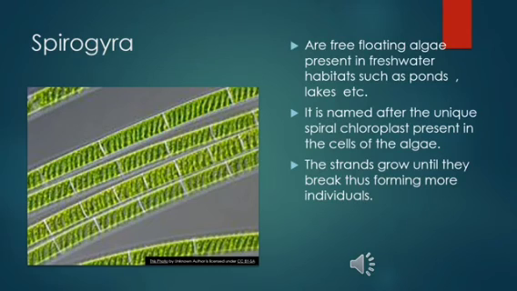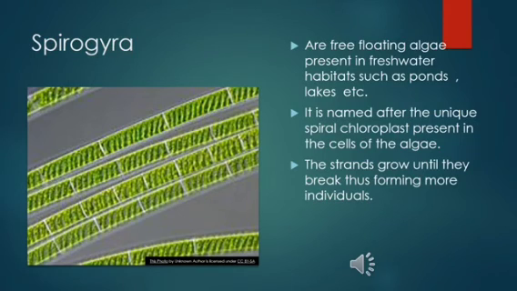If you carefully look at the picture on the screen, you can see that it looks like spirals inside, and the cell contains chloroplasts, so this algae can prepare its own food. It is called Spirogyra because of this unique spiral chloroplast which is present in it.